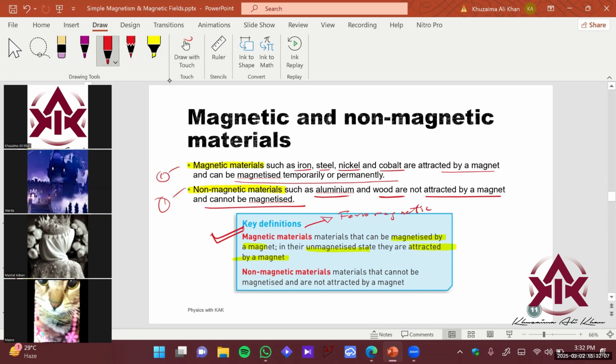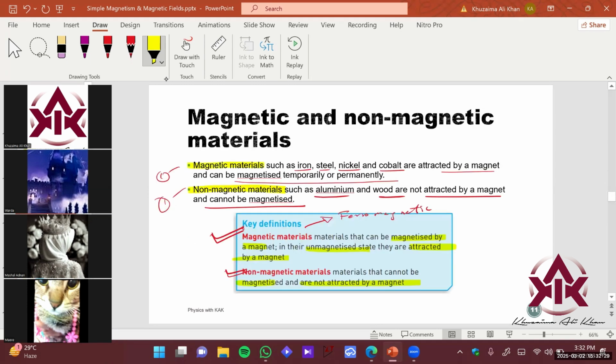So if you learn the definition for one, for the other one you can just automatically copy it, right? And then you have non-magnetic material, which cannot be attracted by a magnet, and if they are unmagnetized, they cannot be magnetized also. Okay, so you cannot do anything with them. It's just used for isolation, right?